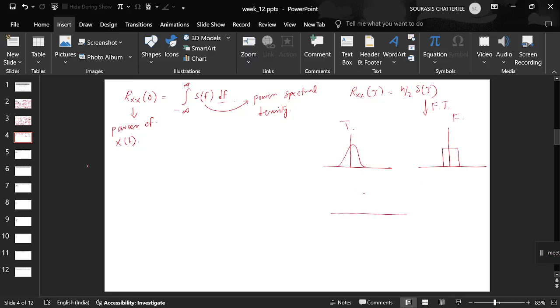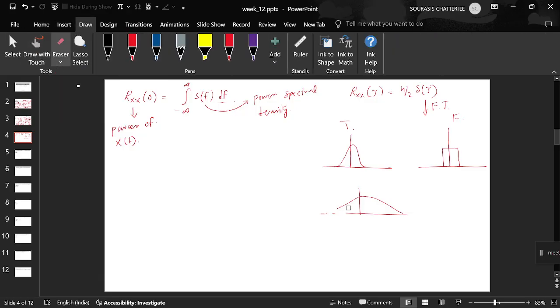Now let's say the pulse in the time domain becomes narrower compared to my earlier diagram. Then in the frequency domain it spreads. You can compare this to this.